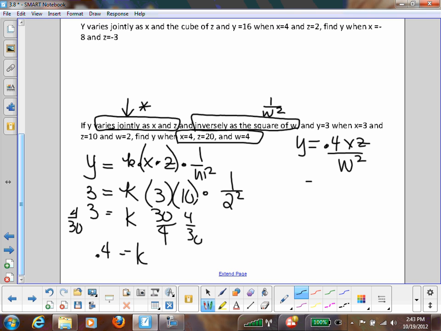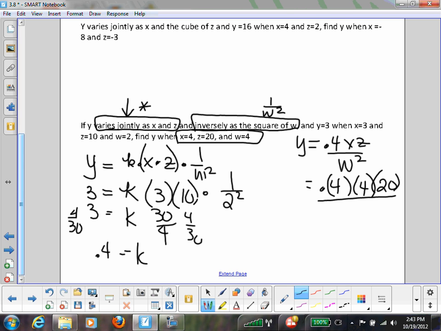So that means 0.4 times x, which is 4, times z, which is 20, divided by 4 squared, or 16. And so what does y equal? All of that is 2. Okay? All right, try the first 3 on your own.